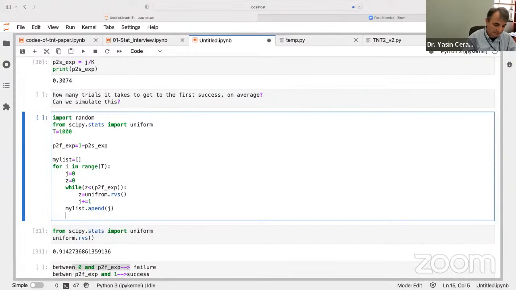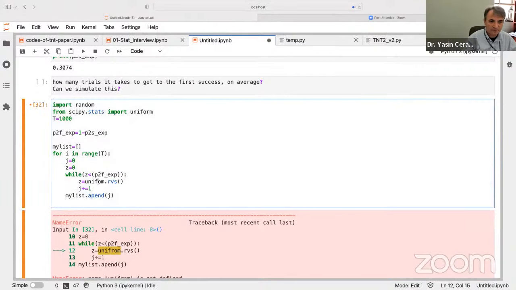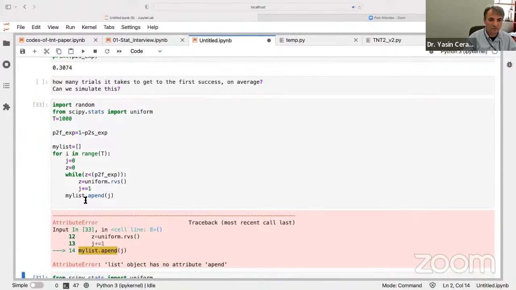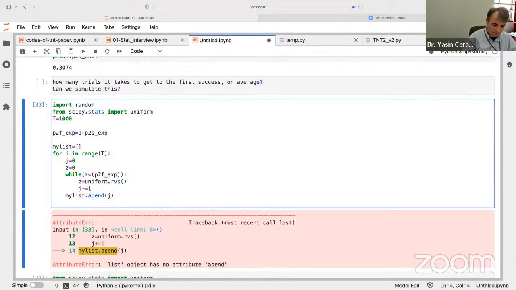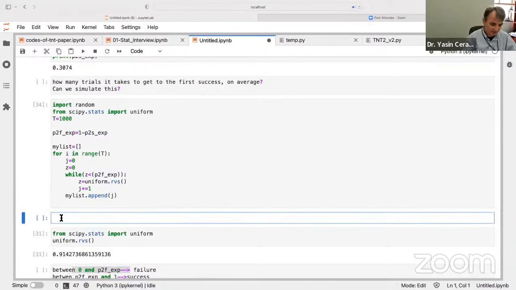Perfect. Now I got my list. Let me run this, and it gave me an error. Okay, I got it. All right, I'll do the same thing. Import numpy as np again for the sake of completeness.